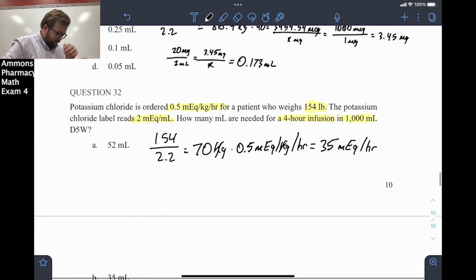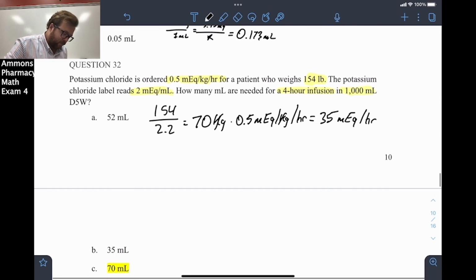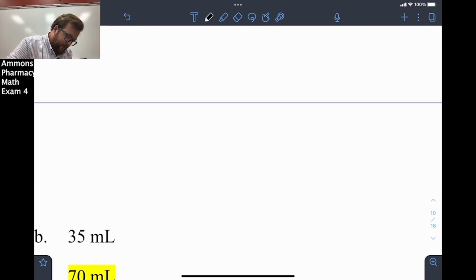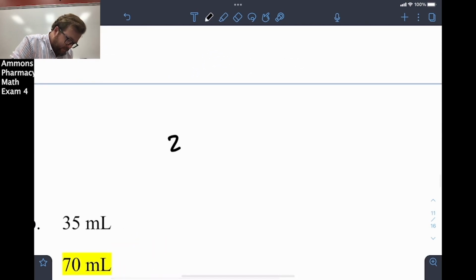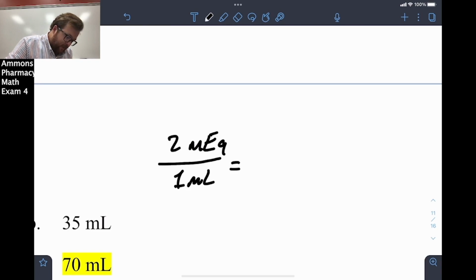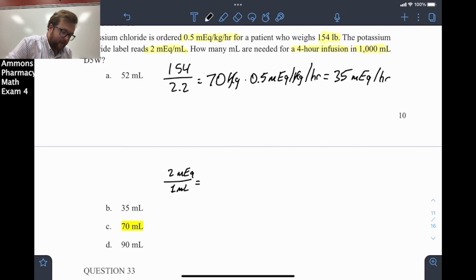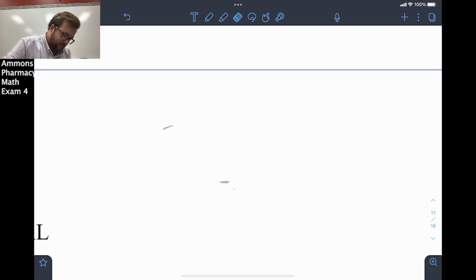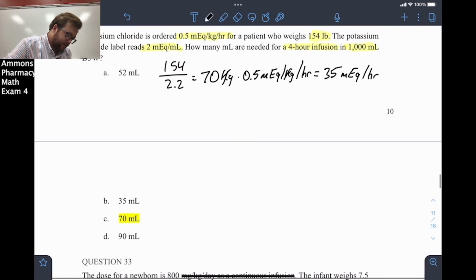Okay? So our potassium chloride is 2 milliequivalents per mil. But if you notice, it says it's in 1,000 mils. Okay. Oh, I don't even need to do this calculation because it's 2 milliequivalents per mil.